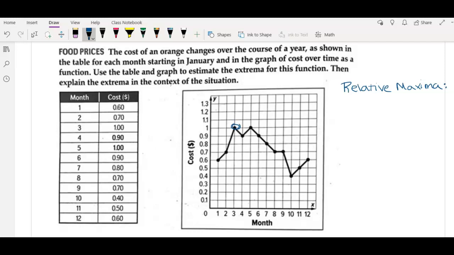Before then we go down, and we have another up. So these two values are relative maximums. And so we have a relative maxima at x equals 3, and at x equals 5.